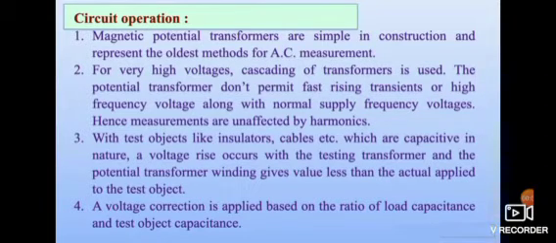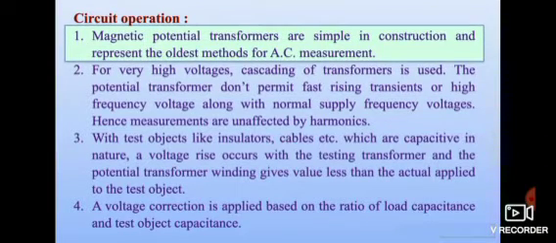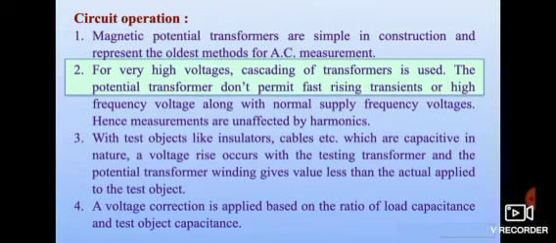Let us see the circuit operation. The magnetic potential transformers are simple in construction and represent the oldest method for AC measurement.